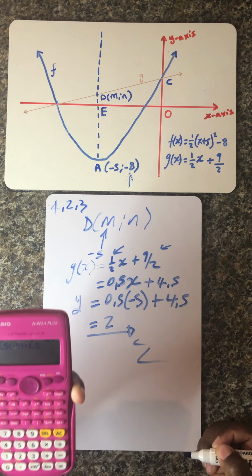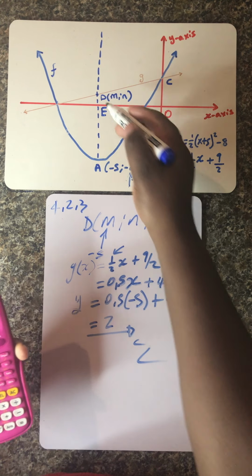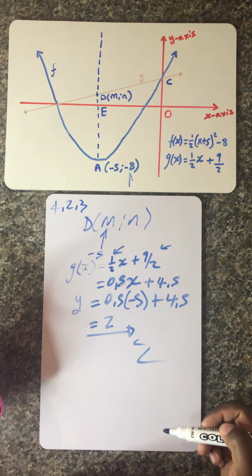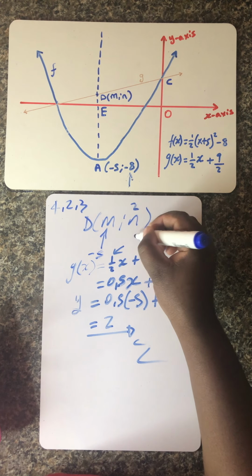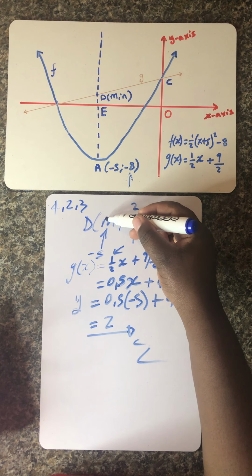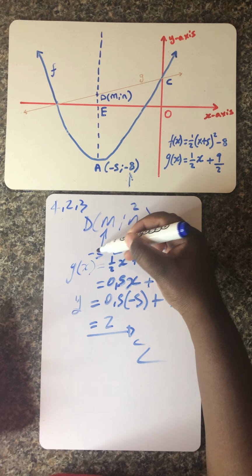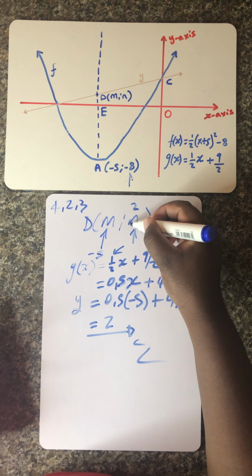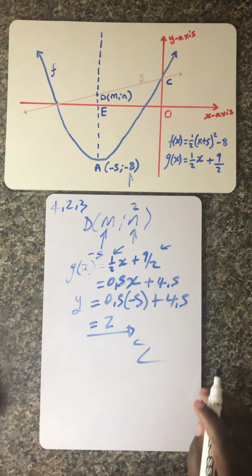So that means the y value at that point is 2. So the coordinates of D: m, which is the x value, equals -5, and n equals 2.